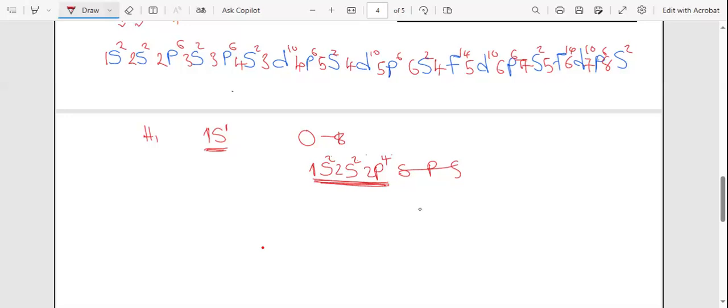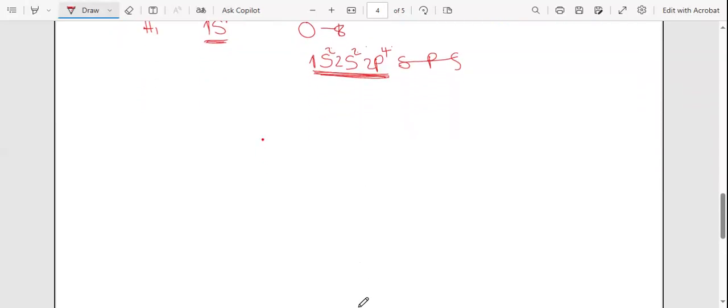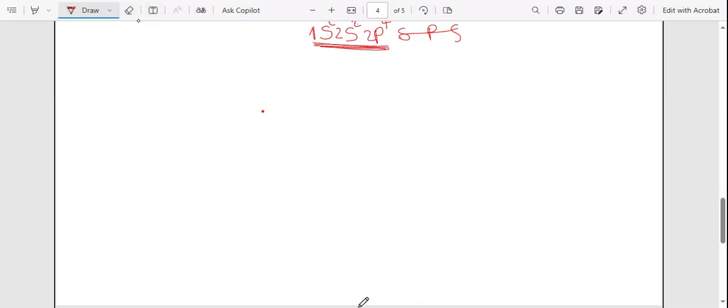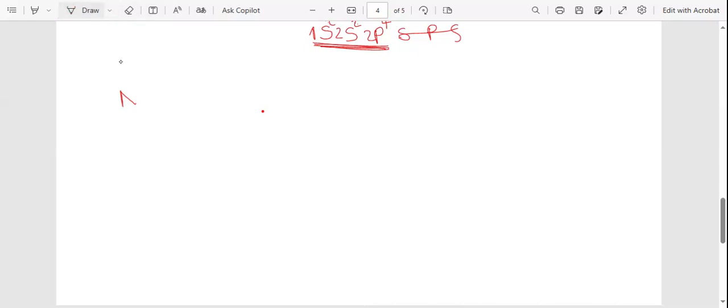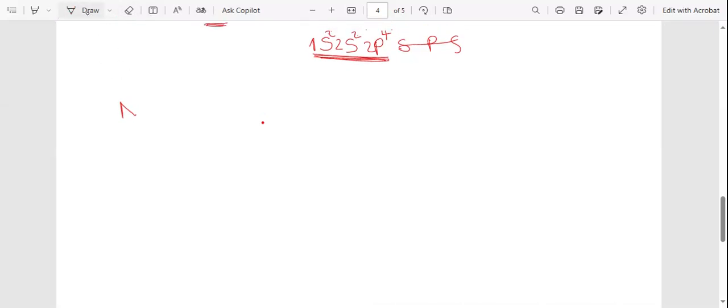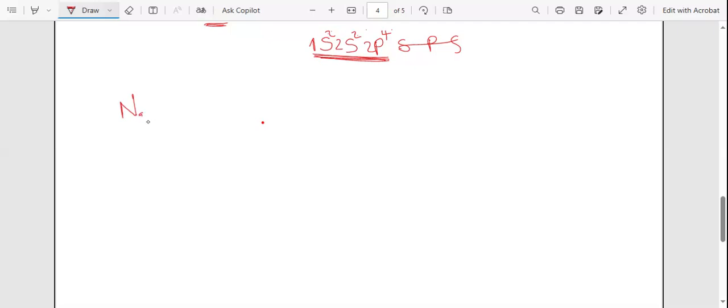Coming to what element can you give me? Let's say sodium, with 11. Sodium should be 11.